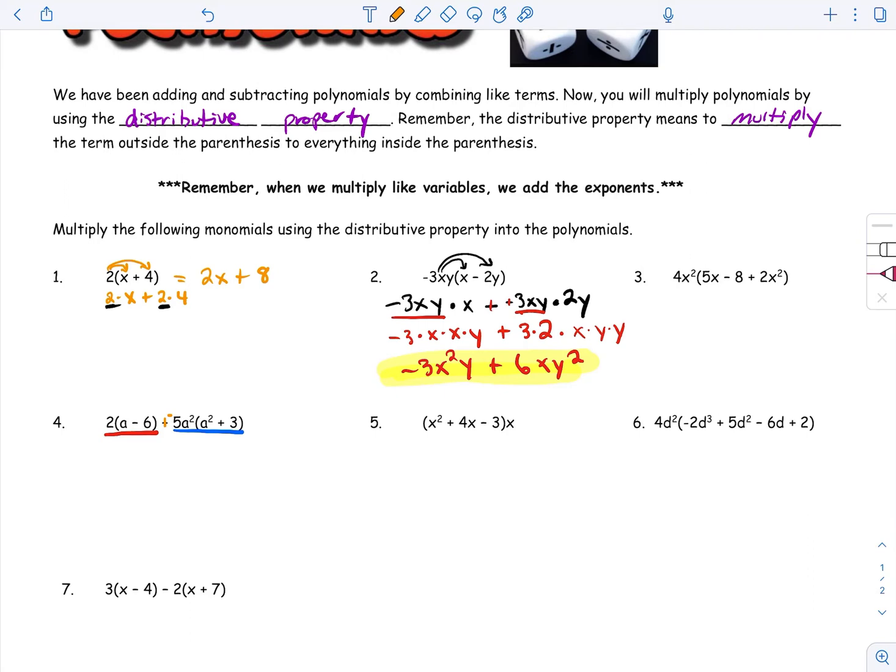All right, that'll make our lives easier when we're distributing. So this becomes 2 times a, and 2 times, if we want to say, negative 6. So that's 2a minus 2 times negative 6 is 12, so that's why I put minus 12.